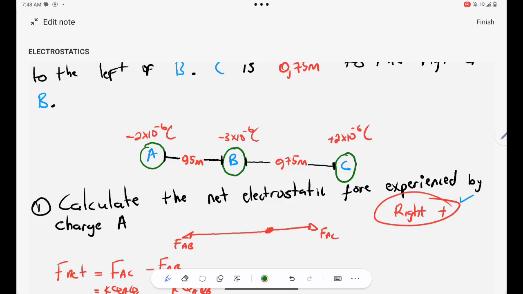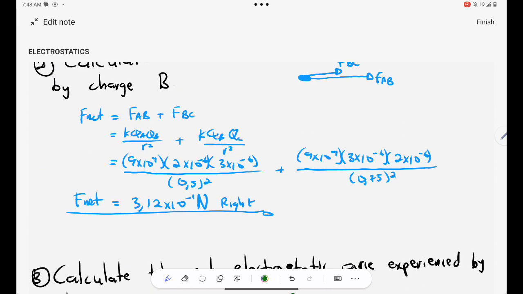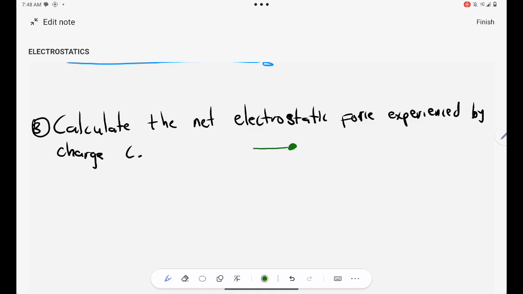So there will be an attraction force. So C will be pulled towards the left by charge B. So this over here will be the force that exists between charges B and C.